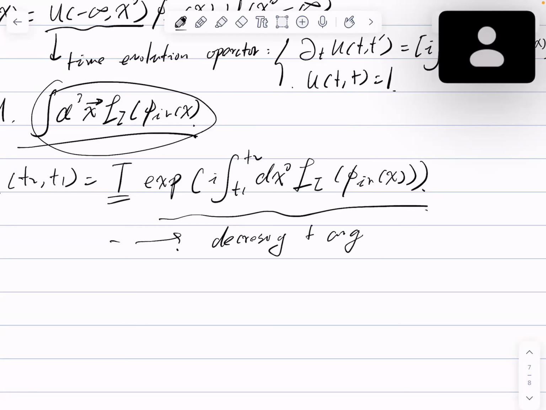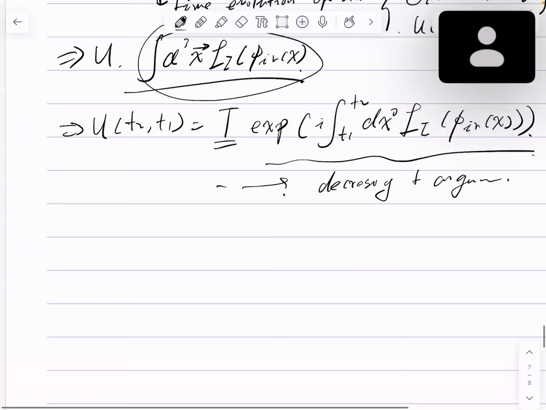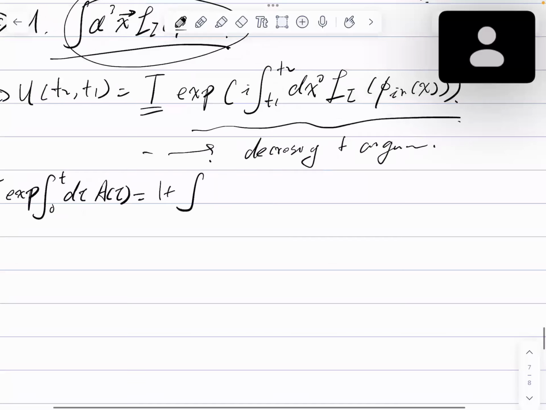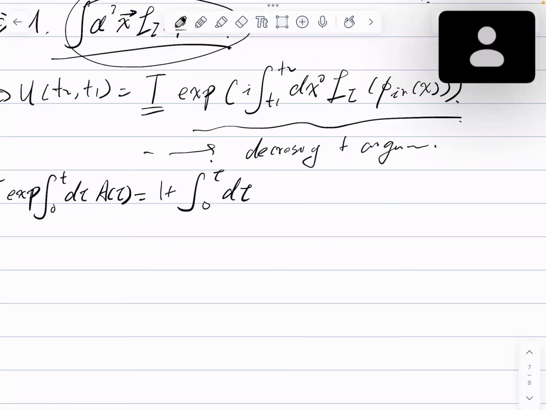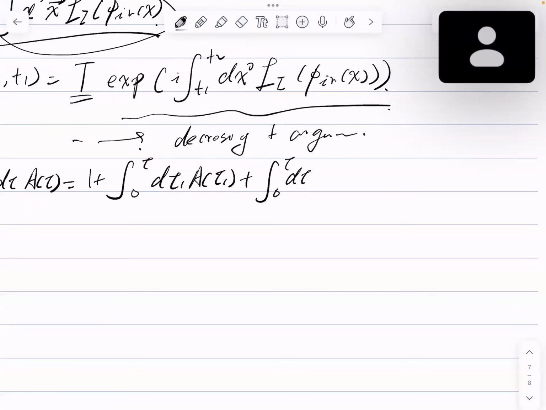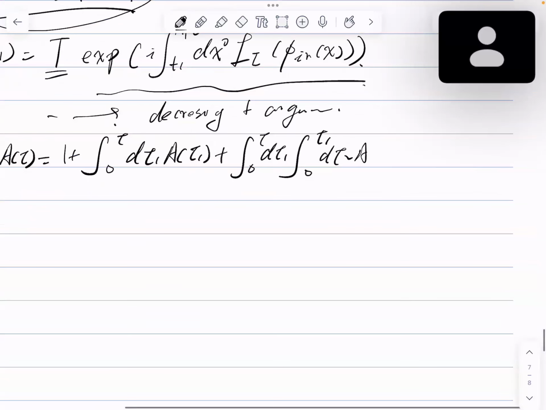For example, we can expand it: T exp of the integral from 0 to t of dτ A(τ) equals 1 plus the integral from 0 to t of dτ1 A(τ1) plus the integral from 0 to t of dτ1 integral from 0 to τ1 of dτ2 A(τ1) A(τ2) plus, and so on. Notice that from left to right we have decreasing time arguments.